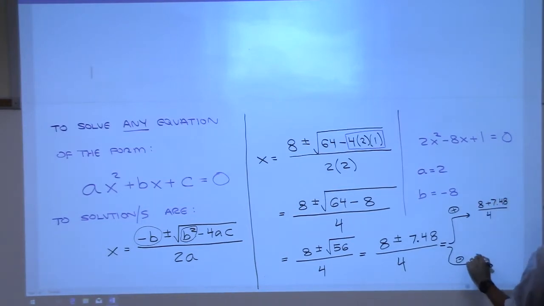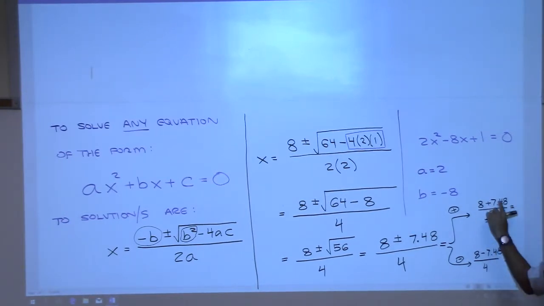If I do it with the minus, it's 8 minus 7.48, and then divide that by 4. Order of operations. You have to do everything up here first. So I need someone, please add these two together. 15.48, oops, 0.48. And then divide that by 4. And then this one right here is going to be 0.52 divided by 4.